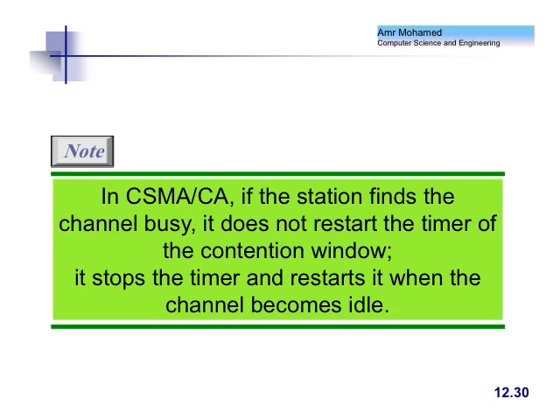Because then this means that I lost my turn. So to preserve my priority in line, I only suspend the timer and restart it once the channel comes back idle again.